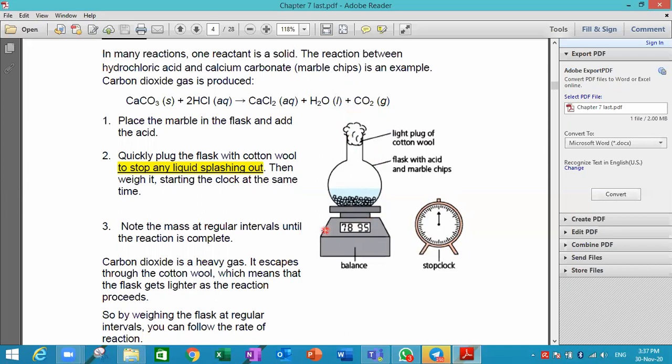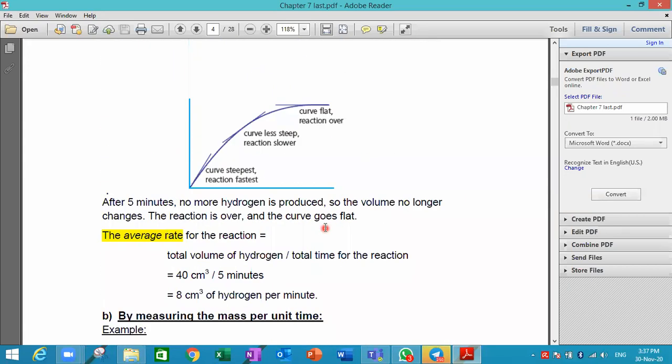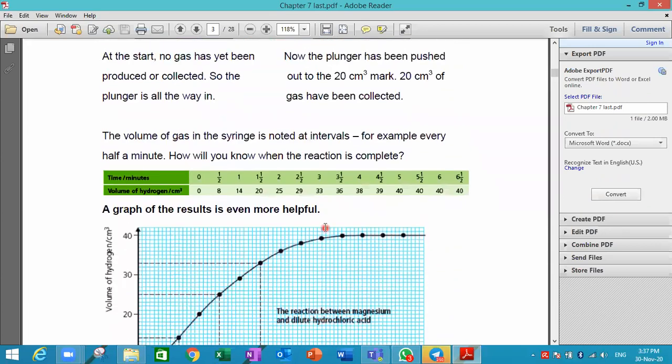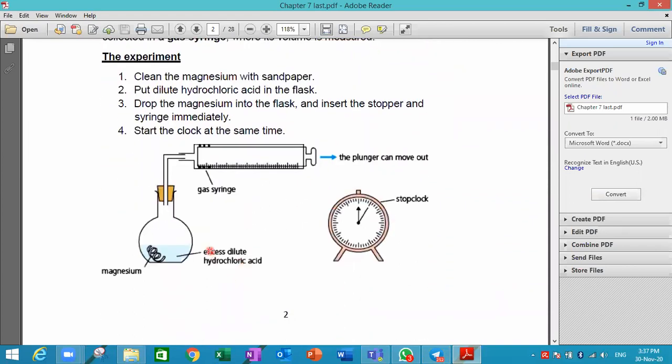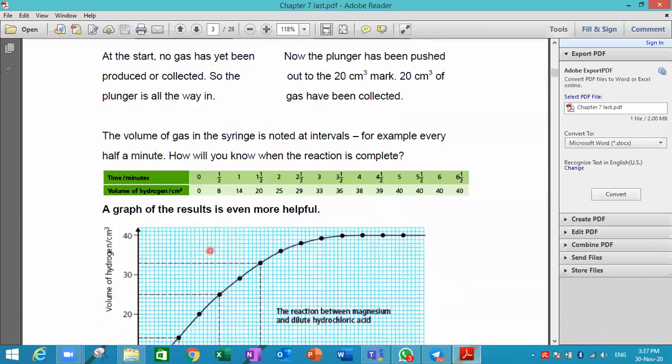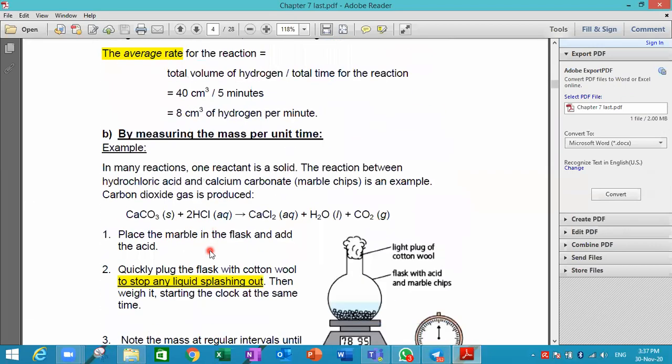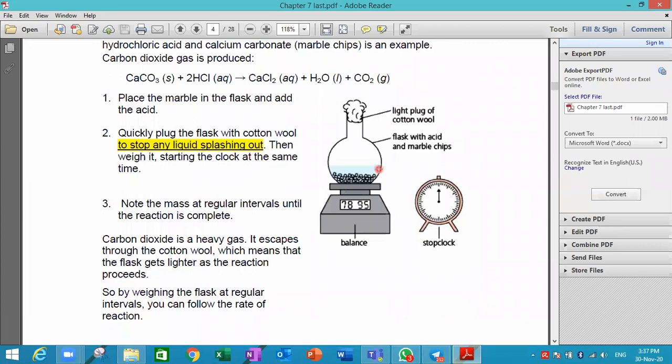Yes. Okay, I mean that we prefer to do the first experiment because we had hydrogen as a product, and hydrogen is a light gas, so it's preferable to collect its volume in a gas syringe. But carbon dioxide, as it's a heavy gas, we can use this method to observe what happens to the mass of the container with time.